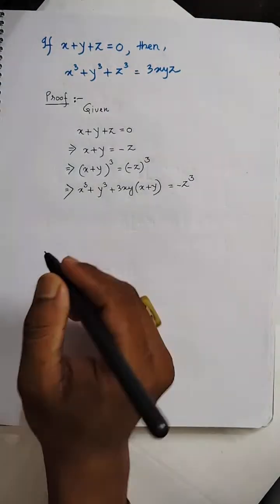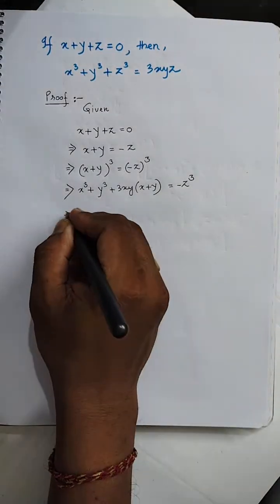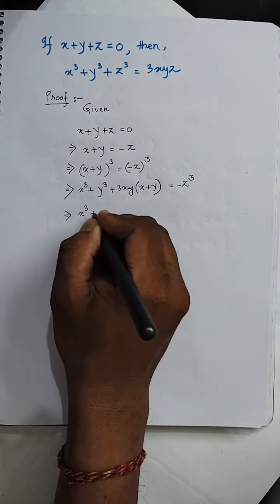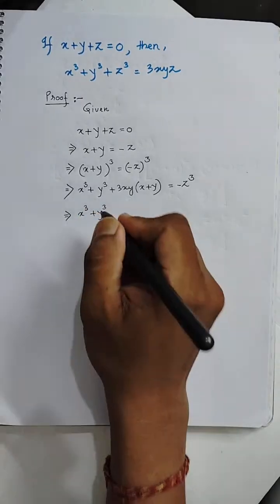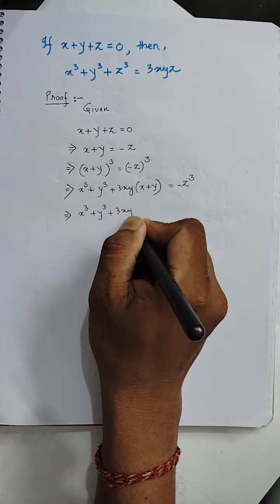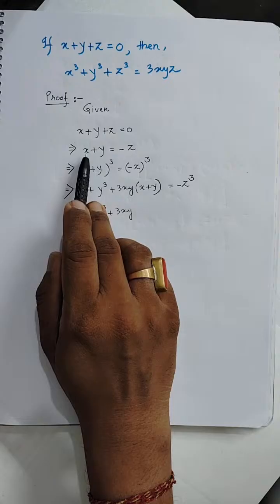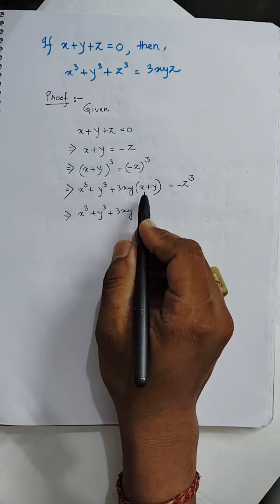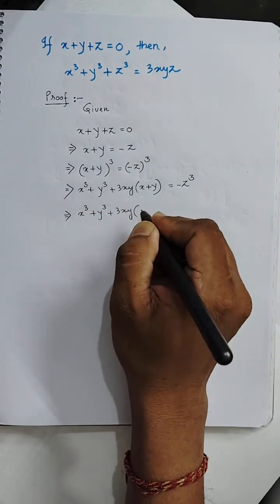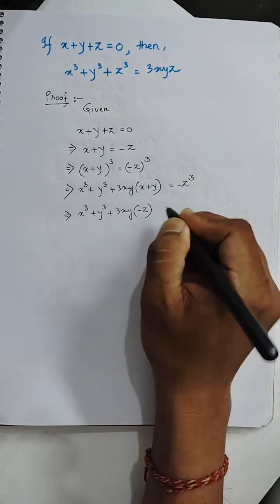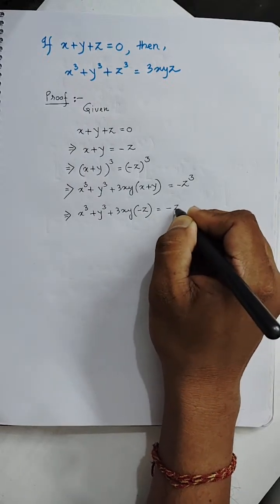Okay, now we have x cube plus y cube. Now 3xy, in place of x plus y, we have already derived that the value of x plus y is minus z. So in place of x plus y, we will write minus z. Okay, and this is minus z cube.